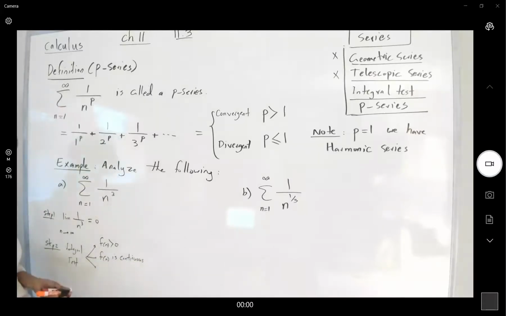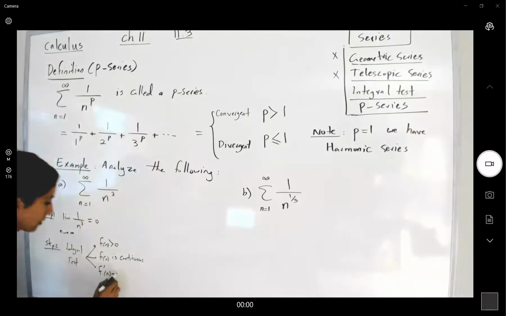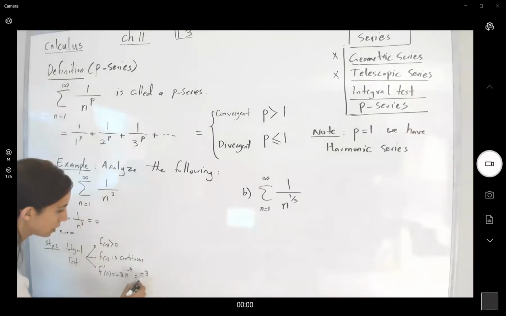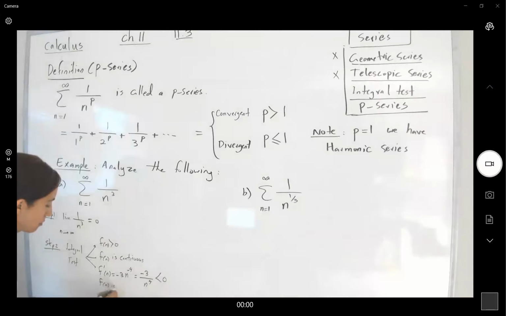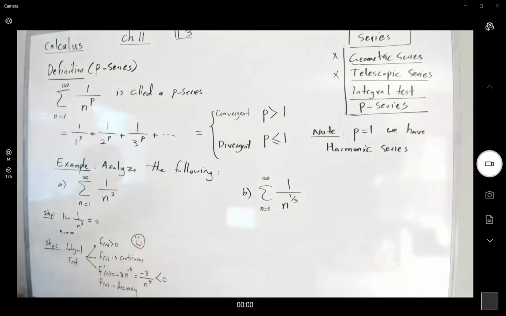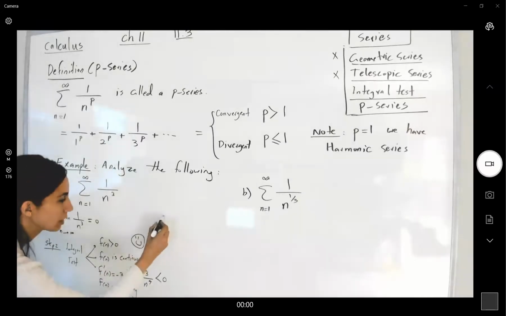Is it decreasing? Okay, let's take the derivative. The derivative of f is equal to -3 over n to the 4th. As you can see, the derivative is negative, so it is decreasing. So it satisfies all of the conditions. Now we can take the integral.